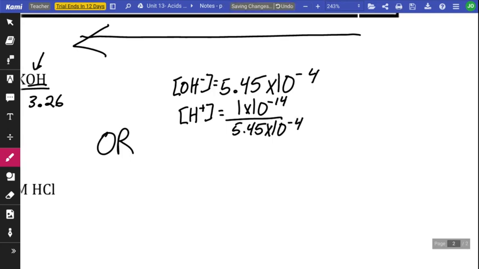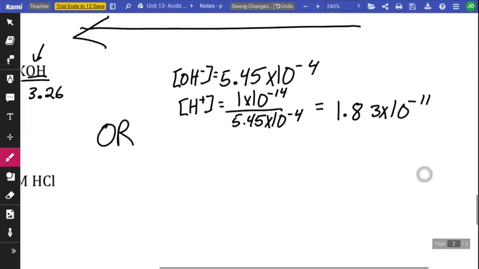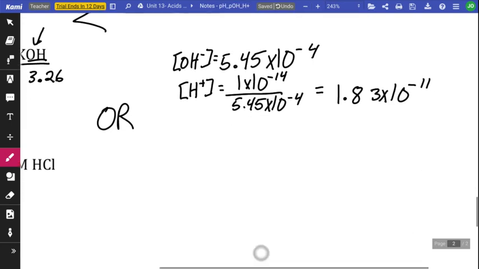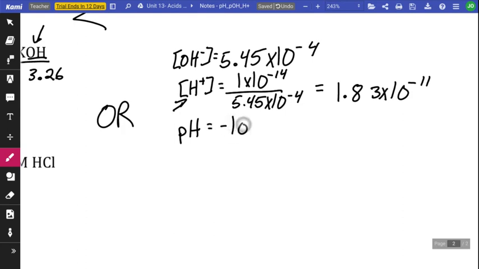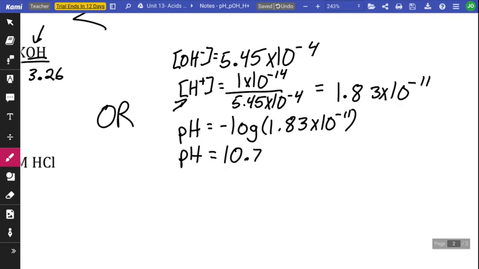I'm going to solve that, and I'll find that my hydrogen concentration equals 1.83 times 10 to the negative 11. Now if I'm looking for pH, I'm in the right concentration. So pH equals negative log of 1.83 times 10 to the negative 11. I'll solve that, and I will find that my pH equals, again, 10.7.